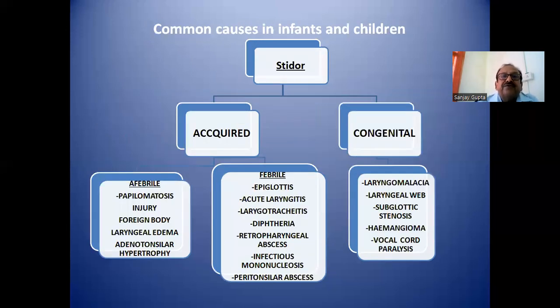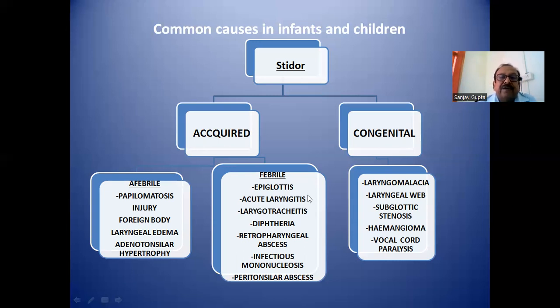Coming to causes of stridor in infants and children, it may be classified as acquired or congenital. Among the acquired causes, again, they can be subdivided into causes with afebrile illness and causes associated with fever. In afebrile acquired causes: laryngeal papillomatosis, juvenile papillomatosis, injury, foreign body, laryngeal edema, adenotonsillar hypertrophy.